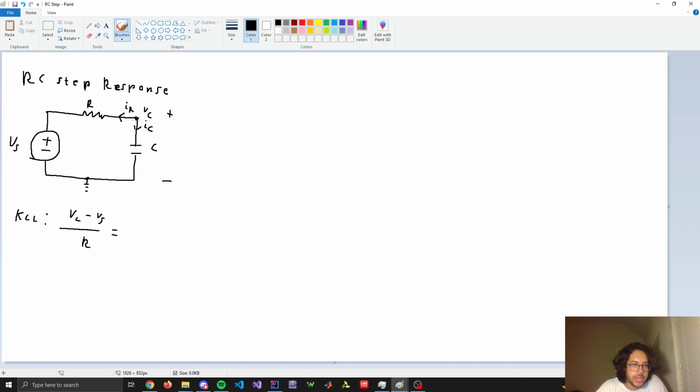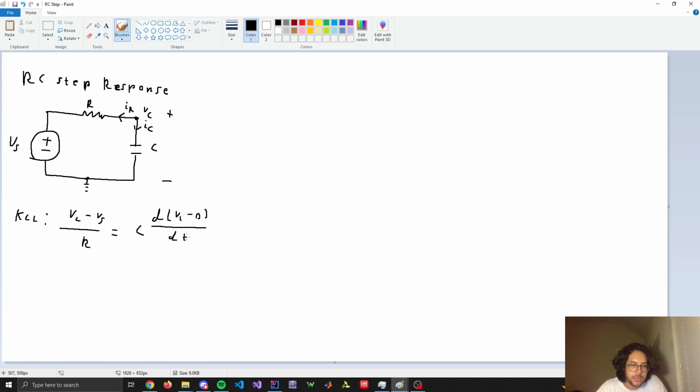equals, so now we have this current IC, but remember IC is C dV over dt. So we have C times the derivative of VC minus 0, because we have to subtract the voltage down here.